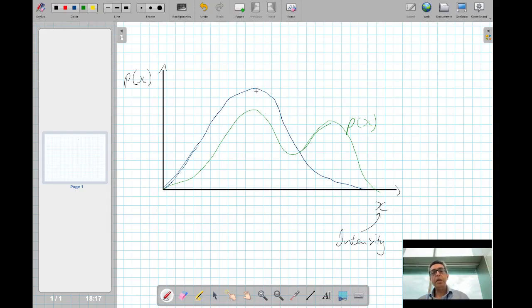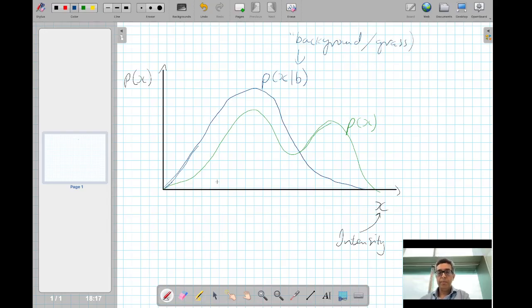Background pixels in this case would be the pixels belonging to the grass in the leaf on grass image. We denote that by P of x given B, where B stands for the background. And in this case, the background is grass.